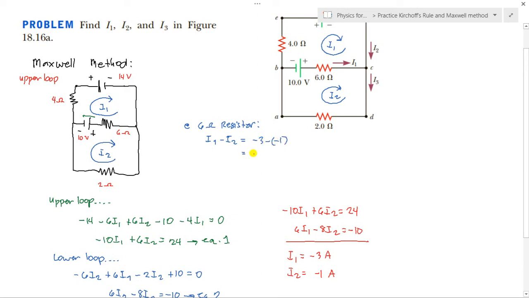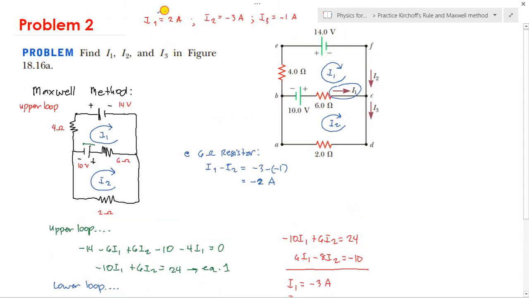The answer is negative 2 amperes. That means our assumed I1 had a direction toward the left, so being negative, it actually goes to the right, which is the true direction in the figure. So it's okay if you have a negative answer, since only the direction changes. So we got it, they have the same result.